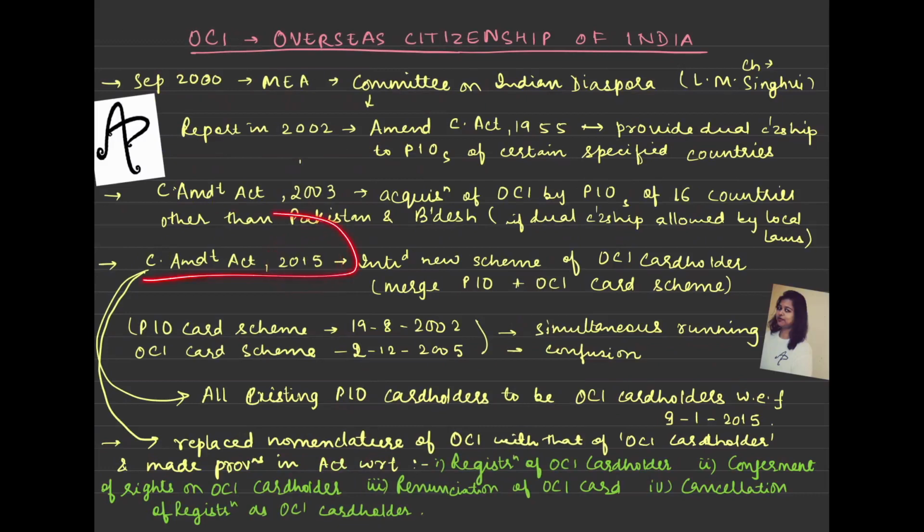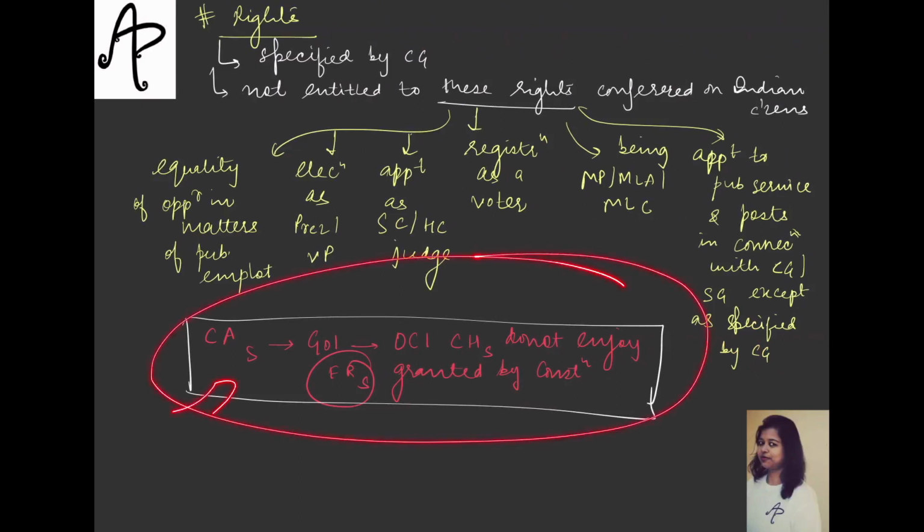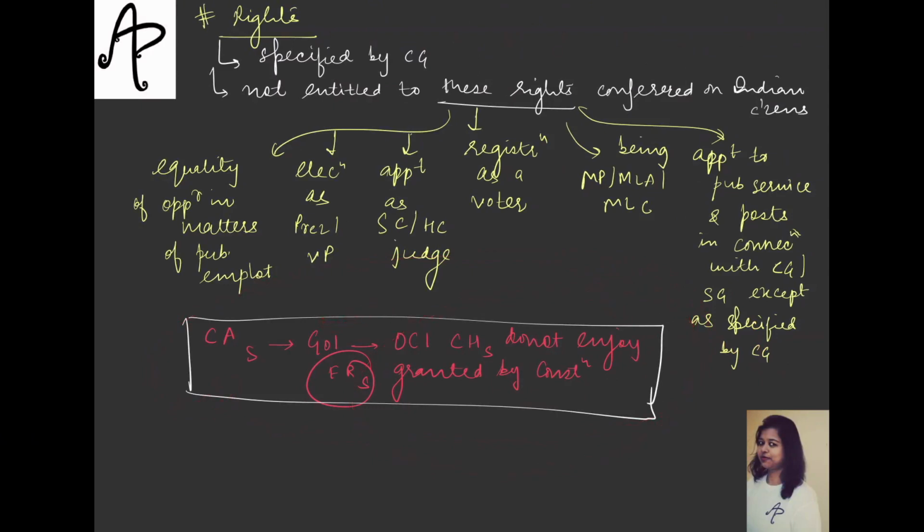I have told you that with this Amendment Act the provisions were made related to these points, registration, rights, etc. But then this is a recent news, recent I mean a couple of years ago, that the government has said that they do not enjoy the fundamental rights. Okay, so this is another thing.